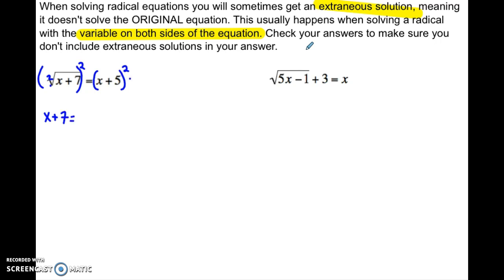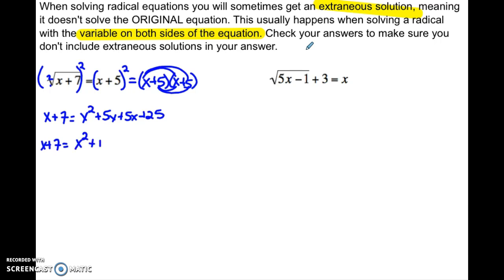Now on the right, remember, x plus 5 squared really means x plus 5 times x plus 5. So if we FOIL, we'll have x squared plus 5x, and distribute the 5, plus another 5x plus 25. So x plus 5 squared is x squared plus 10x plus 25.